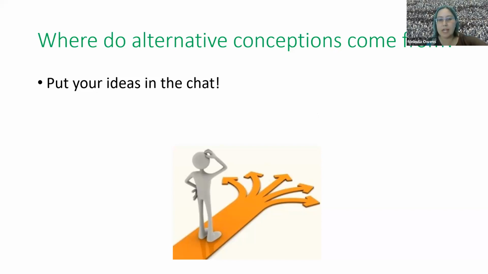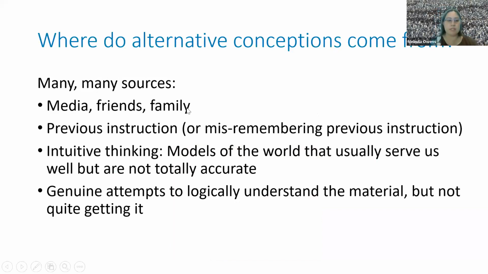So yeah, I agree, many sources, as you've said: media, friends, family. Sometimes we are guilty, or previous instructors are guilty, of instilling some alternative ideas, or maybe we try to teach something and the students misremember it.